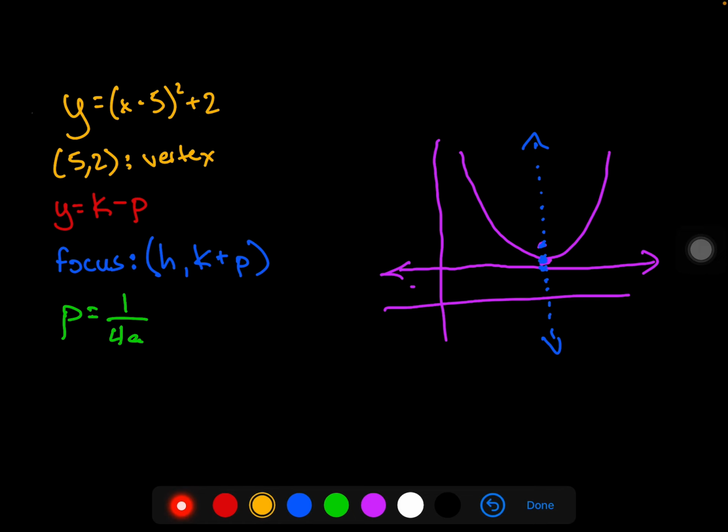It's not 0. And so in this case, we know a is equal to 1. Well, now we have one equation and one variable unknown, so we can solve for p. P then is equal to 1 over 4 times 1, or 1 over 4.